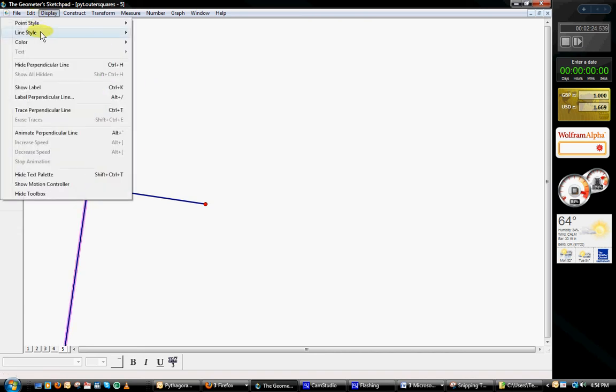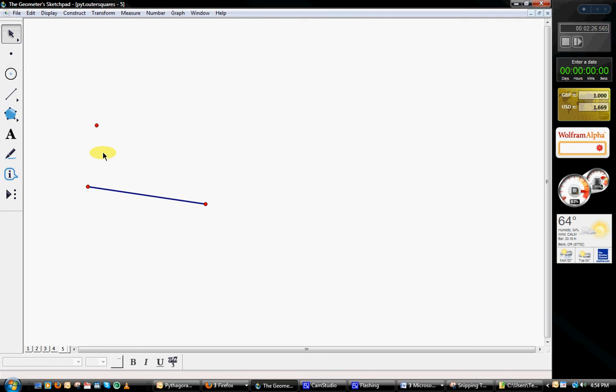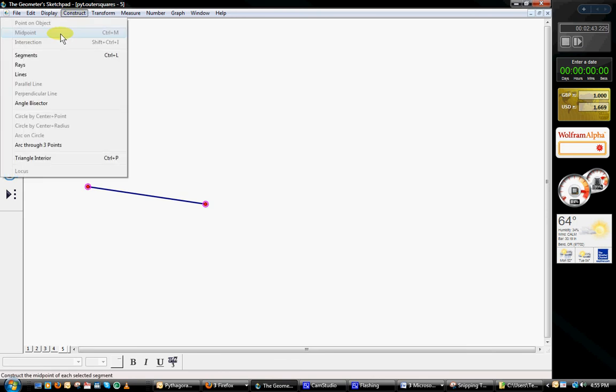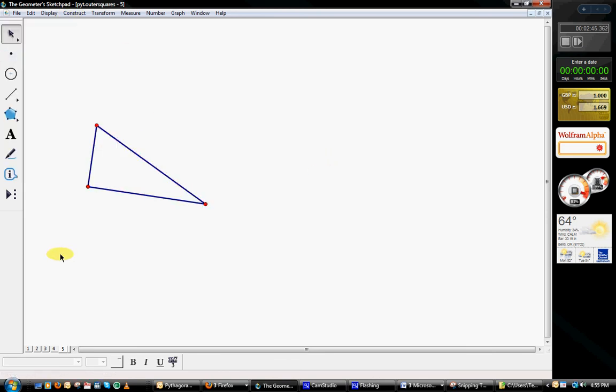Then we'll hide that off and finish our triangle by selecting those three points. Let's see, I got those in the wrong order. And constructing the segments. There we go.